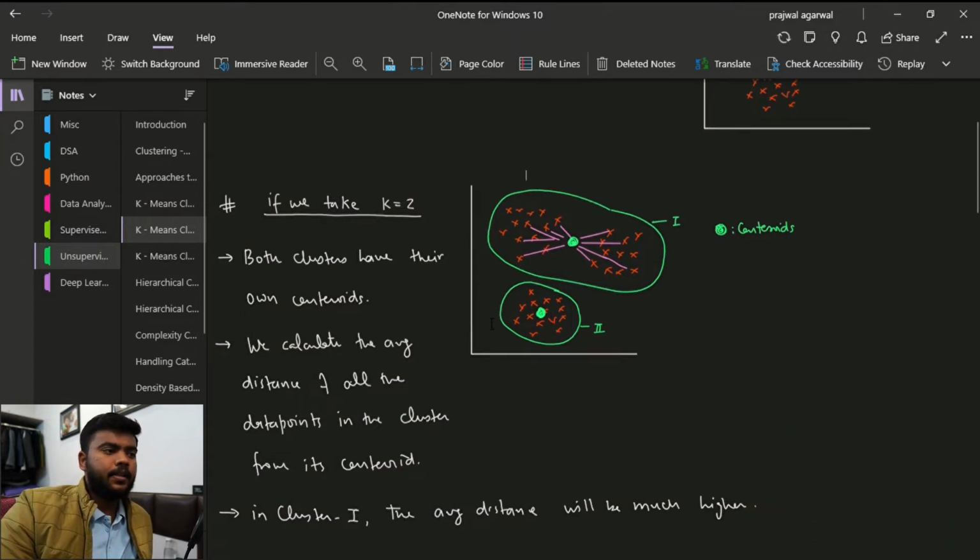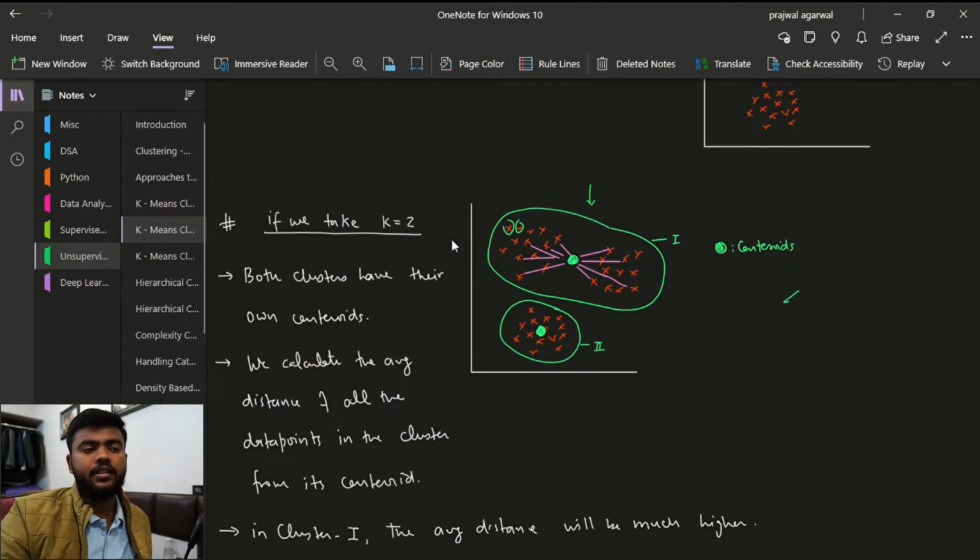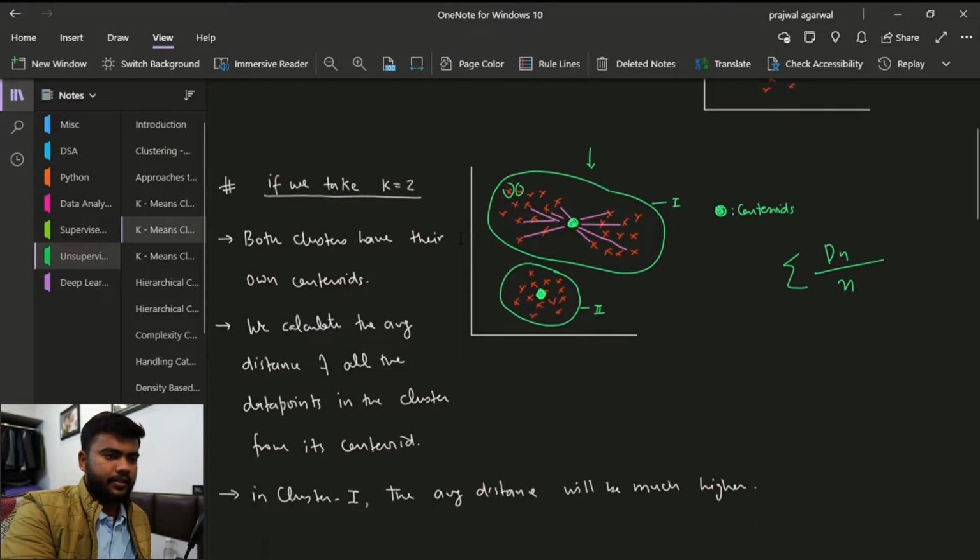Both clusters have their own centroid. We calculate the average distance of all the data points from the centroid. For example, let's talk about this cluster. We calculate the distance of each data point of this cluster from its centroid, and then we take the average of all the distances.